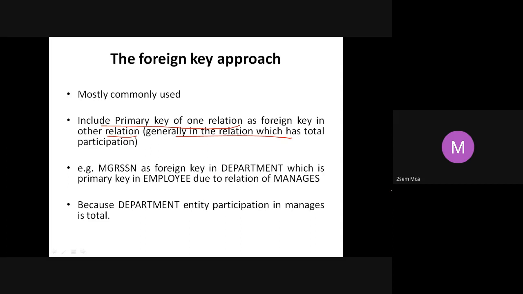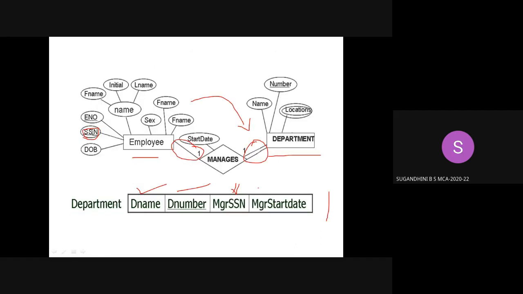That is why your SSN will become a foreign key. We have changed the name to MGR SSN. You can retain the same name or change it, that is okay. So this becomes a foreign key in the department table, which is the primary key in the employee table, because department participation is total, whereas employee participation is partial.